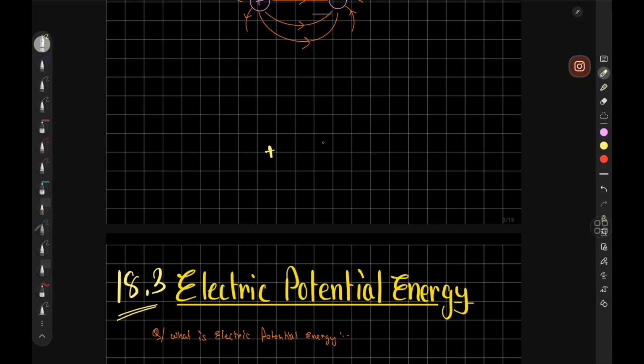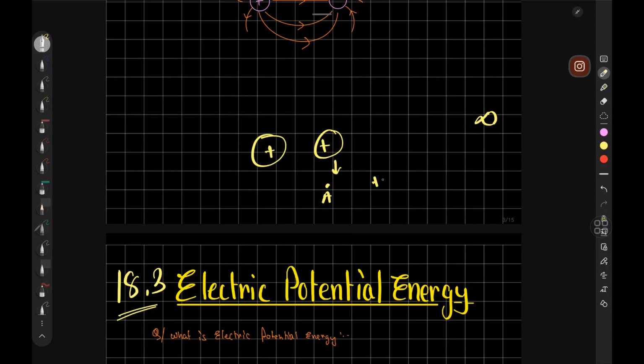If there are two positive charges, what's going to happen is these are going to be repelled, right? And if you, let's say, bring this charge from, let's say, infinity to point A, you have done positive work on the positive charge. Therefore the charge has actually gained potential energy. In this case, that energy is positive.